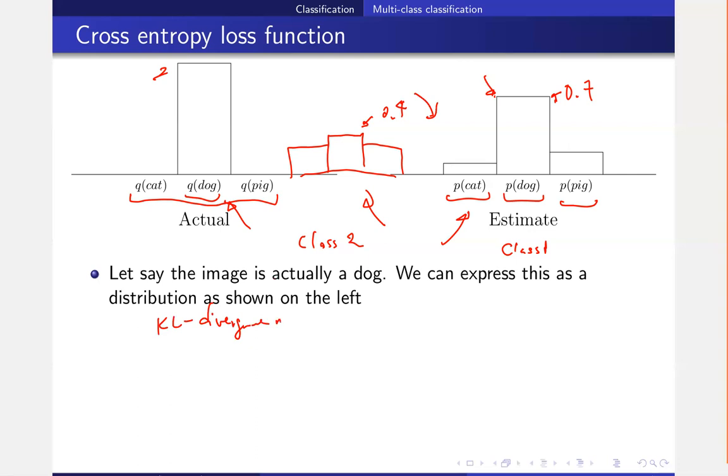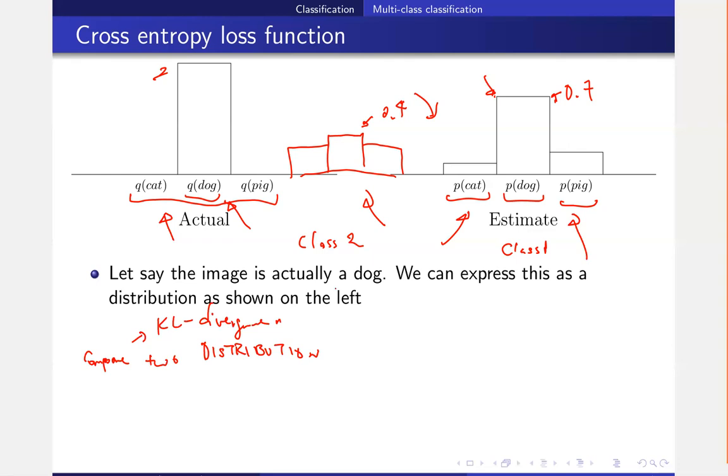So the KL-divergence is basically defined like this. Let's say this is the Q distribution, and I have the P distribution. This is KL-divergence. It compares two distributions, whether they are similar or not similar.